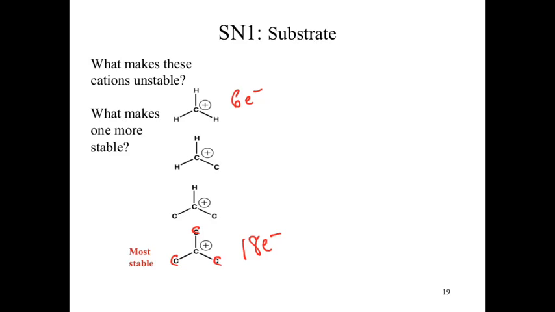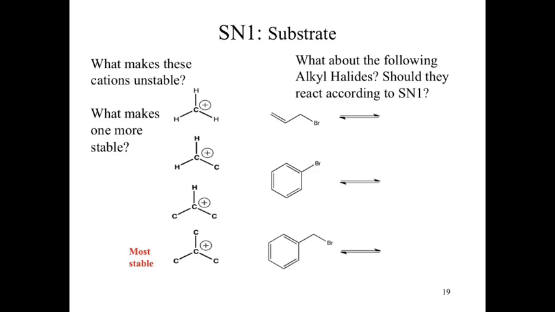Okay? And yeah, it's a very hand-wavy argument, and your counting of electrons can come up with slightly different amounts, but either way, any way you count them, you will always find your tertiary has more electrons. And the effect we're looking at here is kind of a secondary effect. We aren't really doing any electron pushing, we're just saying there's electrons nearby, those electrons are close enough to stabilize it. So it's kind of a weak argument, but it works.